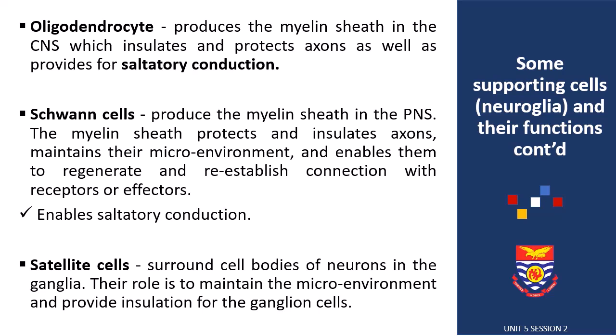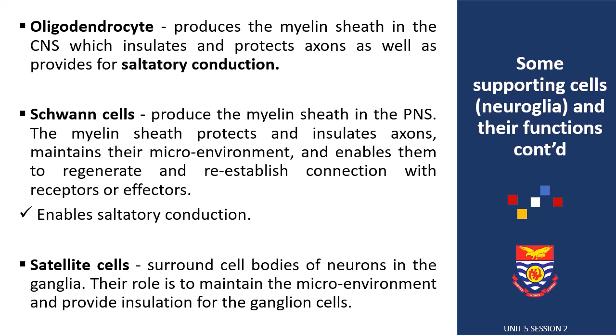Schwann cells, which are another example of supporting cells, produce the myelin sheath in the peripheral nervous system. The myelin sheath protects and insulates axons. They also maintain the microenvironment and enable regeneration and re-establishment of connection with receptors or effectors.